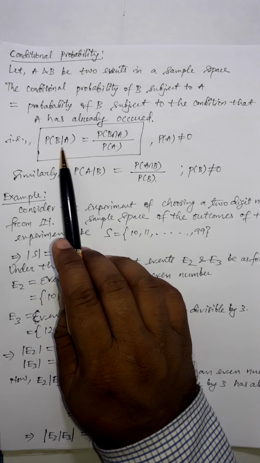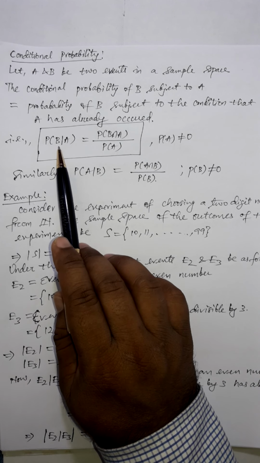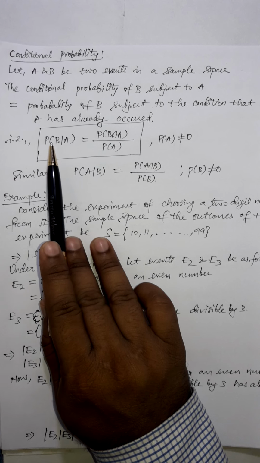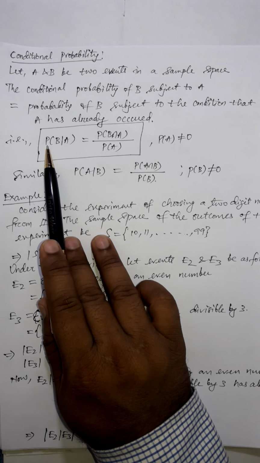Now you can see this is the symbol used for conditional probability. Here there is a vertical line in between two events. The left side event is the event of which we are calculating the probability, and the right side event is the event which has already occurred.